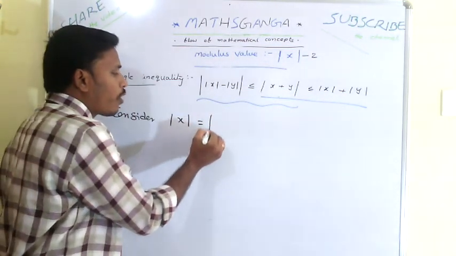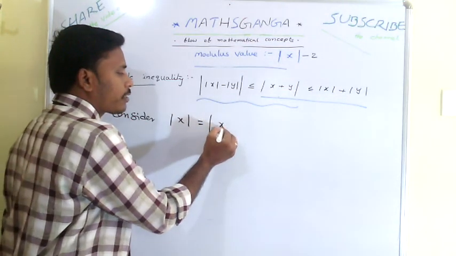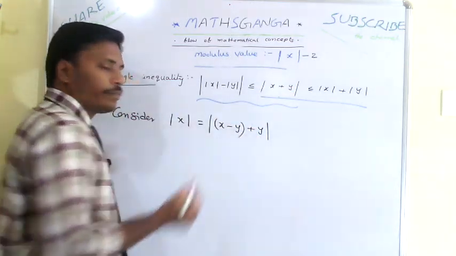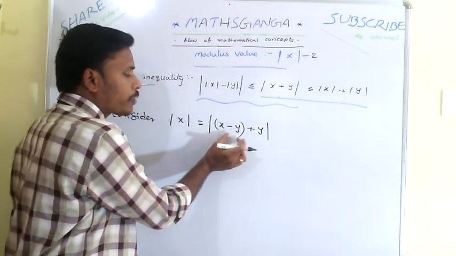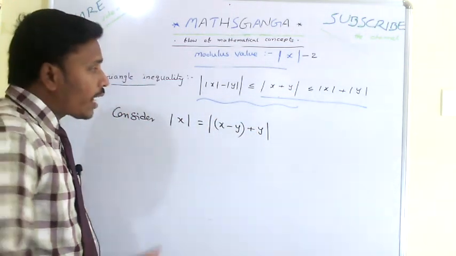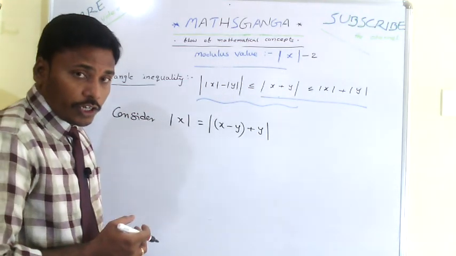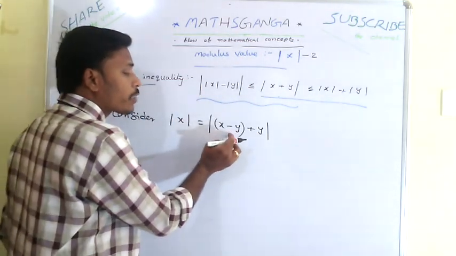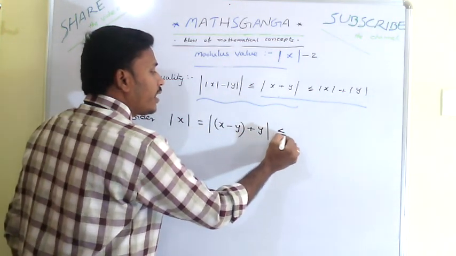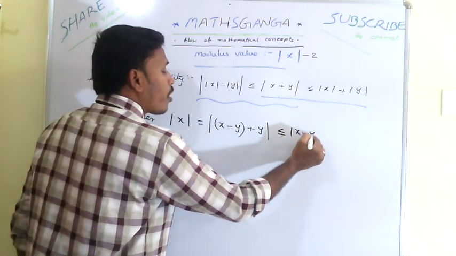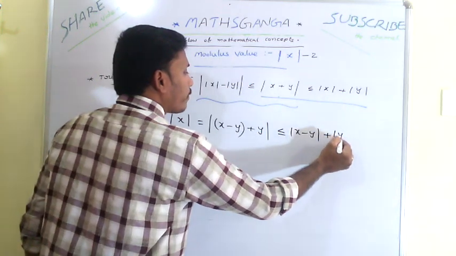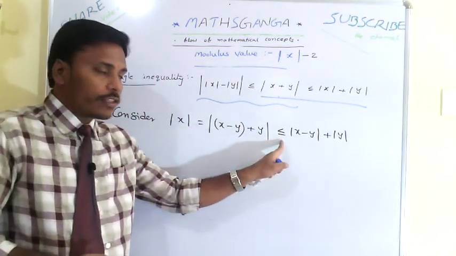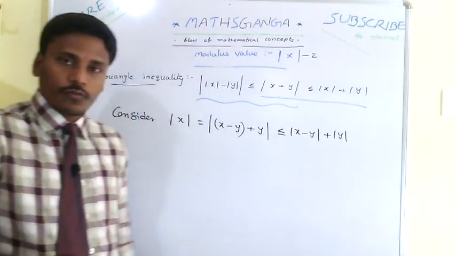I will rewrite this mod x as modulus of x minus y plus y, adding and subtracting y. Already we have the second part of the modulus function. From that second part of the triangle inequality, this mod x minus y plus y is clearly less than or equal to mod x minus y plus mod y. So what I have, mod x is less than or equal to mod x minus y plus mod y.